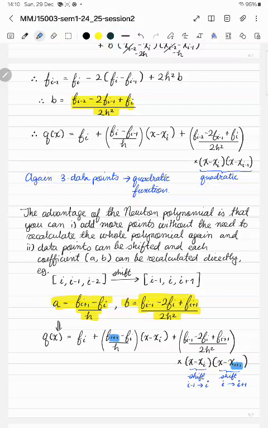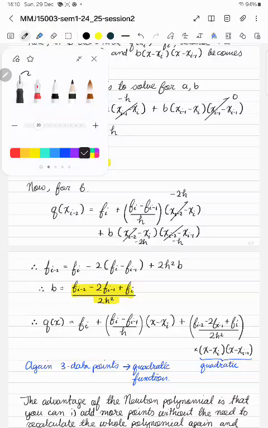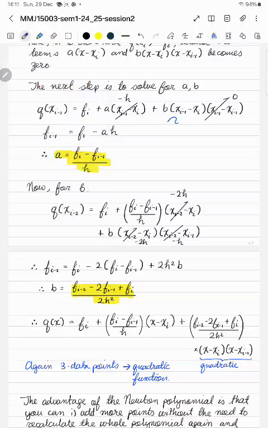Now the advantage of the Newton polynomial is that you can add more points without the need to recalculate the whole polynomial. By adding another point, let's say you have a, b, and another plus c, all you have to do is multiply by x minus xi, xi minus 1 and xi minus 2.